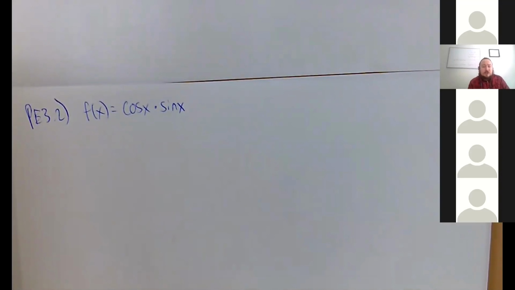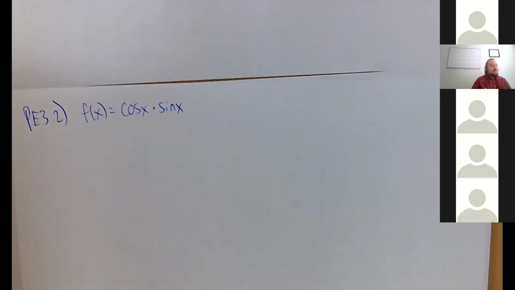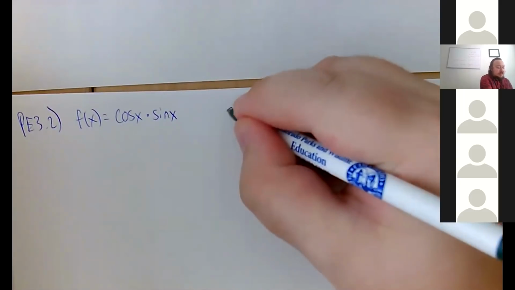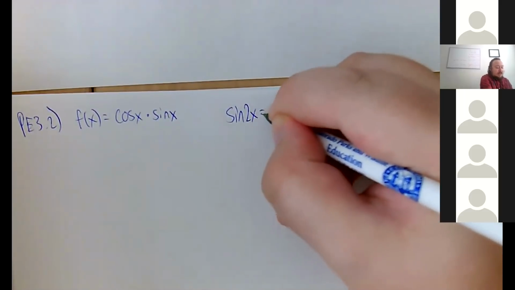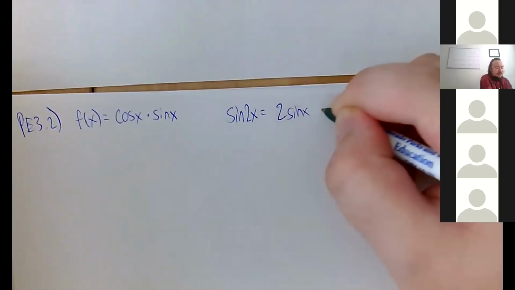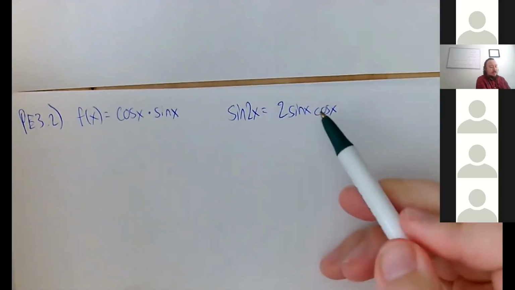Now, in theory, we could take the Maclaurin series for cosine and multiply it by the one for sine. But remember, just like polynomials, you can't multiply matching terms together with power series. You need to FOIL them out. And doing infinitely long foiling is not so great. So rather, for this problem, we're going to use this hint. Sine of 2x is 2 sine of x cosine of x.